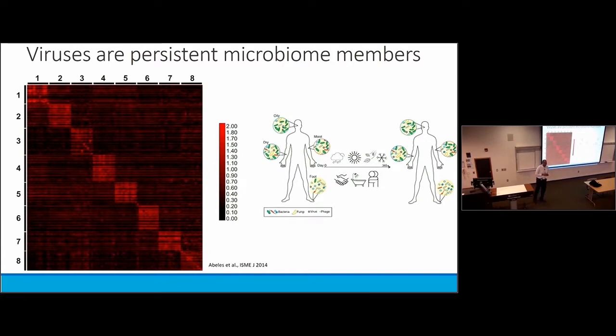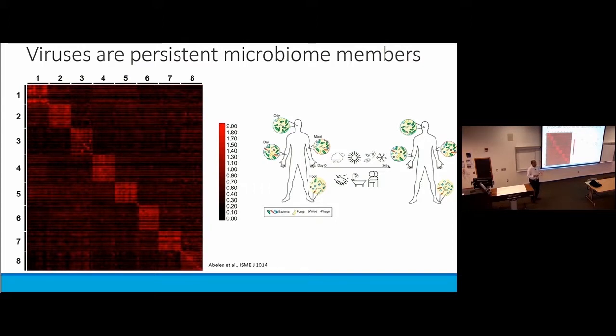So when I first started my research laboratory, the first experiment that we set up was actually to demonstrate that viruses were transient members of the human microbiome. The way that we did that was we took 8 subjects. We looked at them at 11 different time points over a course of 60 days and basically just had them all spit in tubes and froze it, and then looked at the viruses present in their saliva.